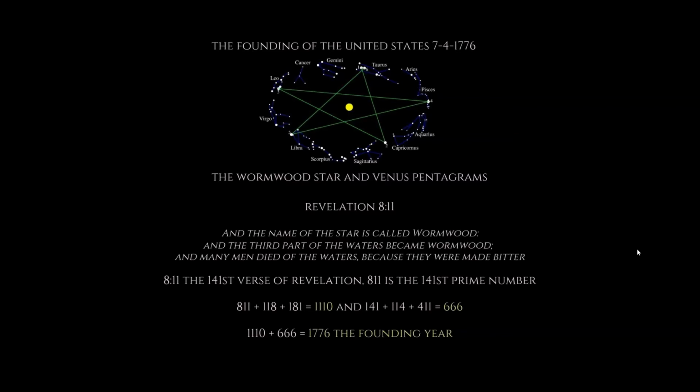There are multiple ways to encode the wormwood star from Revelation 8:11. But if we take the 3 permutations of 8:11, they sum to 1110. And Revelation 8:11 is the 141st verse of Revelation. The 3 permutations of 141 sum to 666. And if we combine those, we get 1776, which is the founding year of the United States.